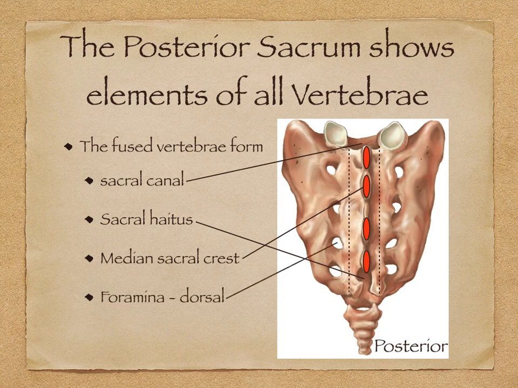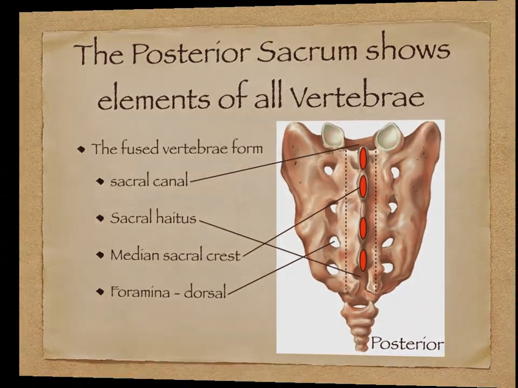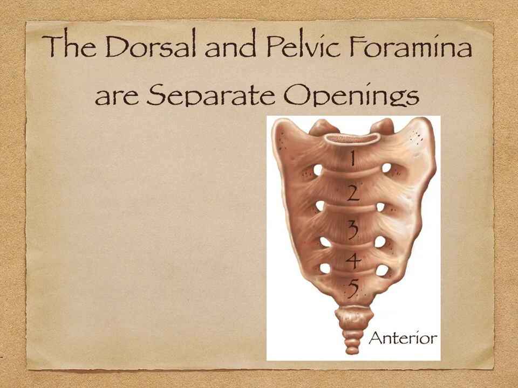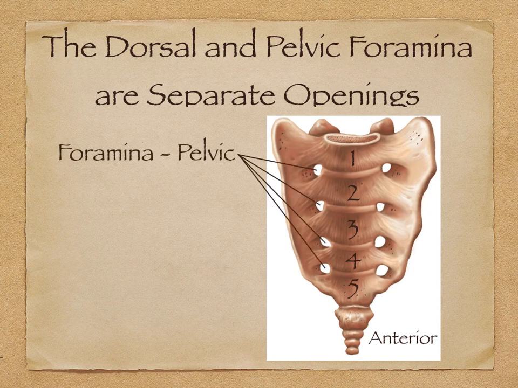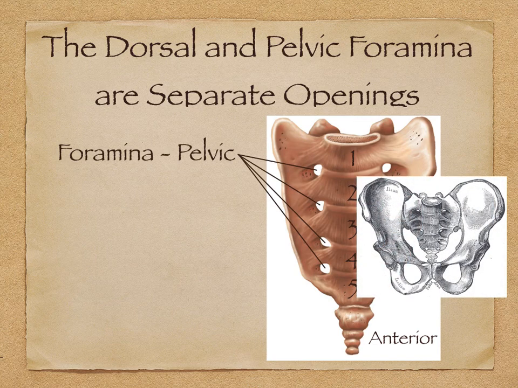So the holes on the posterior side of the bone are called the dorsal foramina, and the ones on the anterior side here, these separate openings, are called the pelvic foramina. And you can see that's because they face into the pelvic cavity. Pelvic cavity is here.